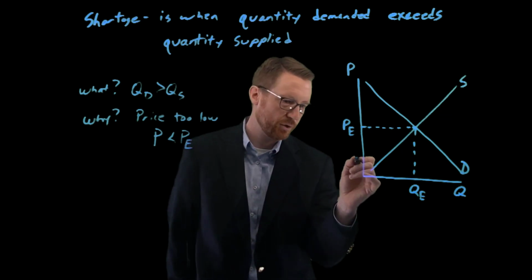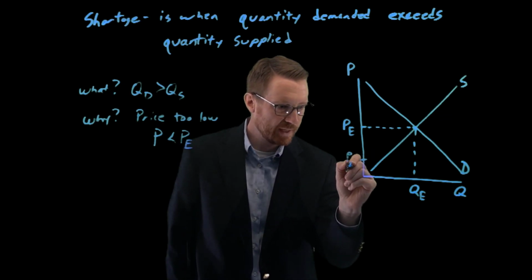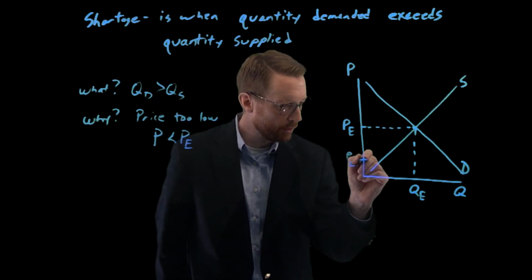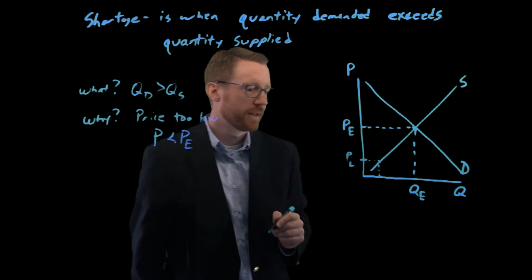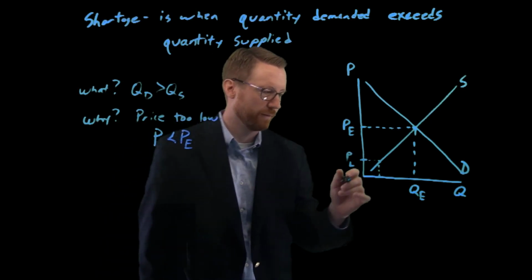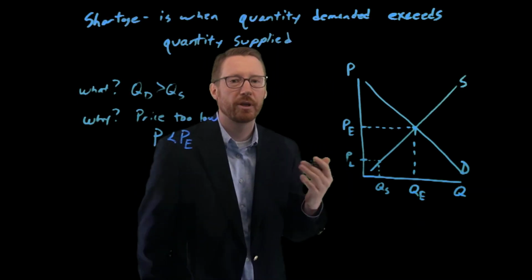If price is too low, let's put in a low price, we'll call it P sub L. At this low price, sellers aren't willing to sell very many, so the quantity supplied is only a few.